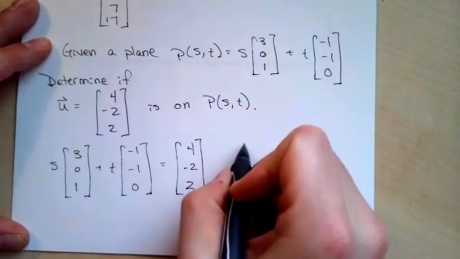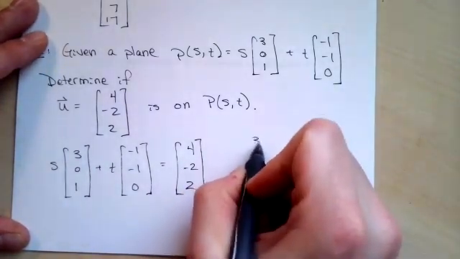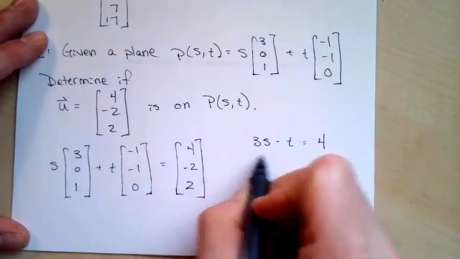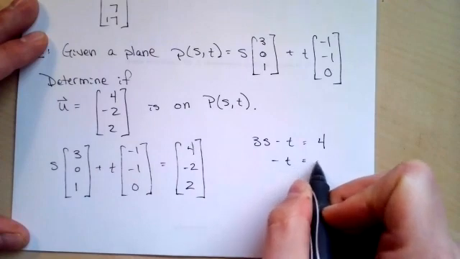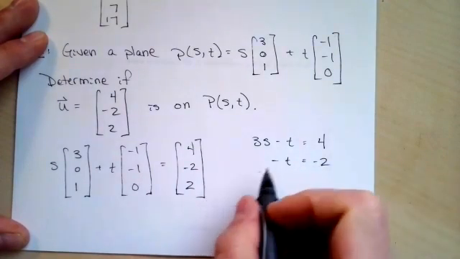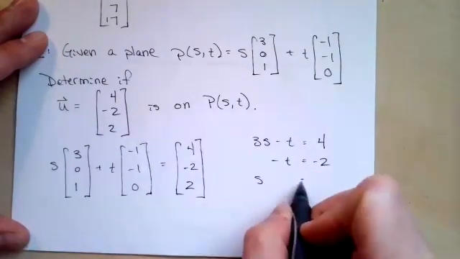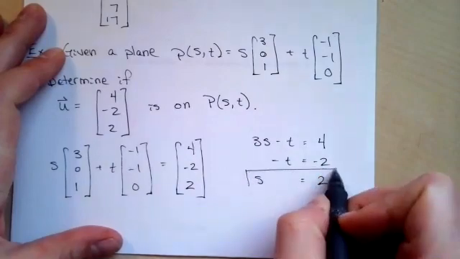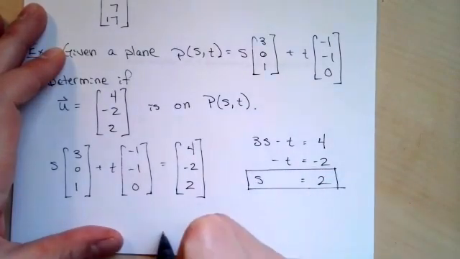So this gives us a set of equations: 3s minus t equals 4, minus t equals -2, and then s equals 2.